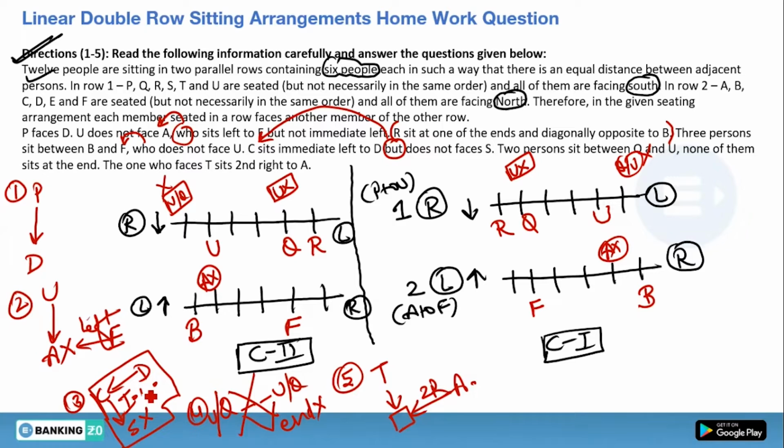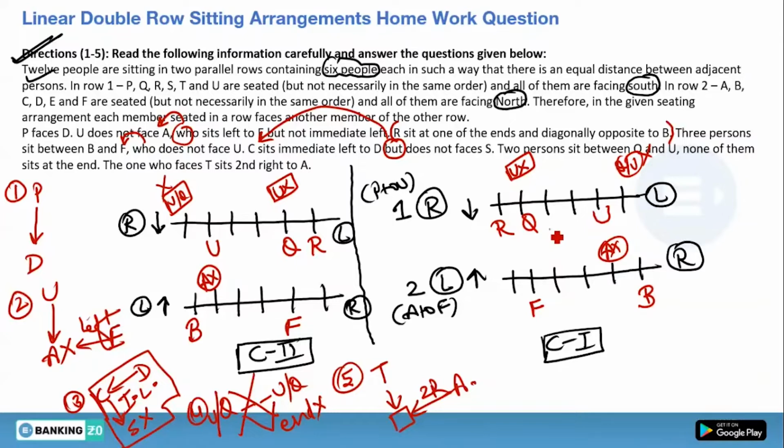Okay. Now let us check the another possibility, that is third one. We know that D immediate left side C should come. Okay, if I join hint number 1 and hint number 3, we can get the confirmed places for D. See how? We know that there were two seats left for P in our case number 1. Similarly, in case number 2 also, these seats are left for P and D because P should face D. Okay, so these two should come in front of each other.